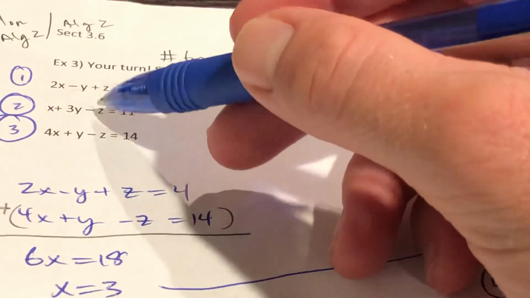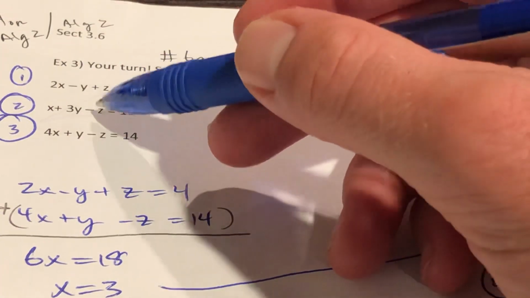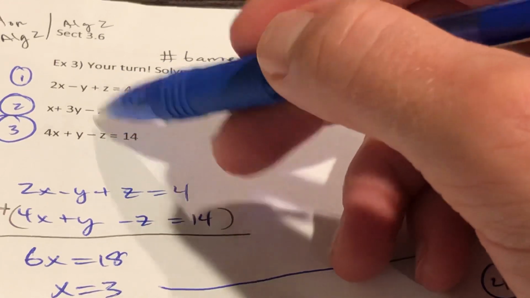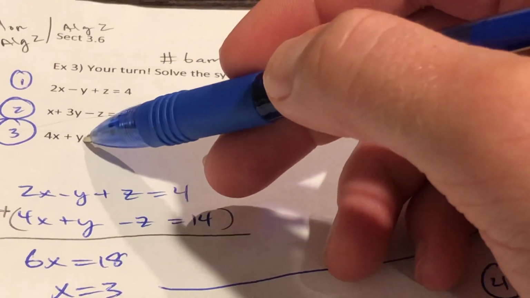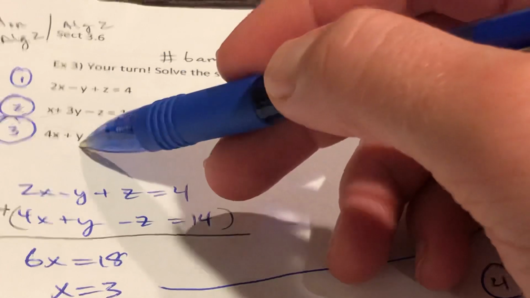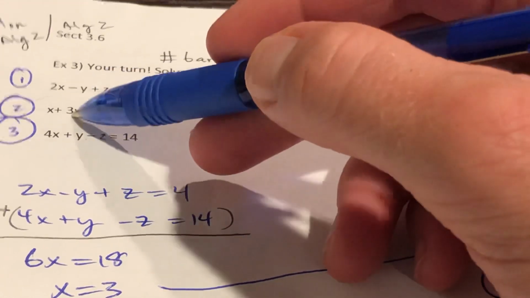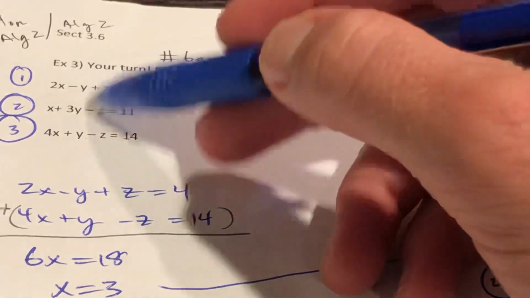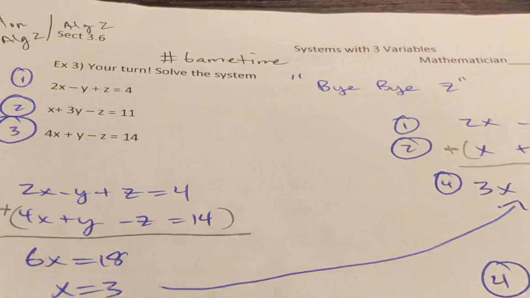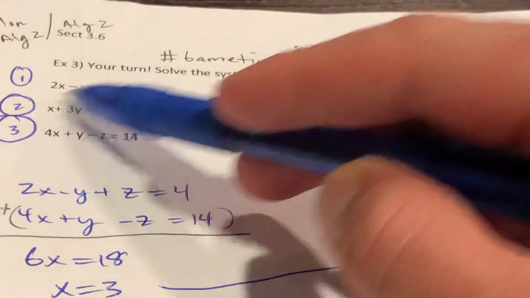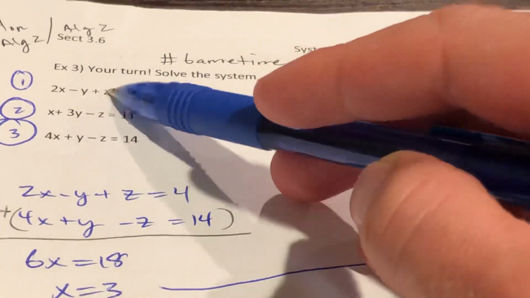So look at these three equations, and what variable is just begging to be eliminated? Hopefully we can all see that that is z. Yes, you have a negative z and a positive z. Those can be eliminated pretty easily. Here we don't have to multiply any equation by anything. So I'm going to put equation 1 and equation 2 together because I have opposite z's.